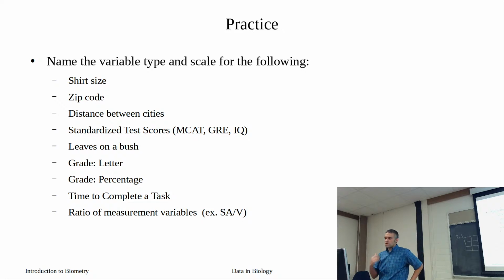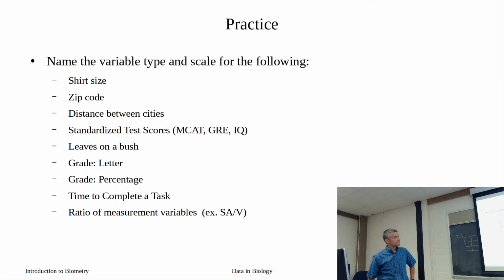So let's go over these variables. We want to know the type and the scale for all of these. Someone give me the variable type for our variable shirt size. Qualitative. Why did you choose that?